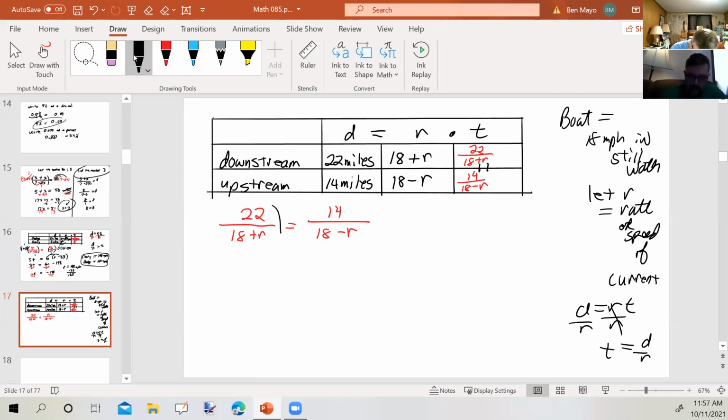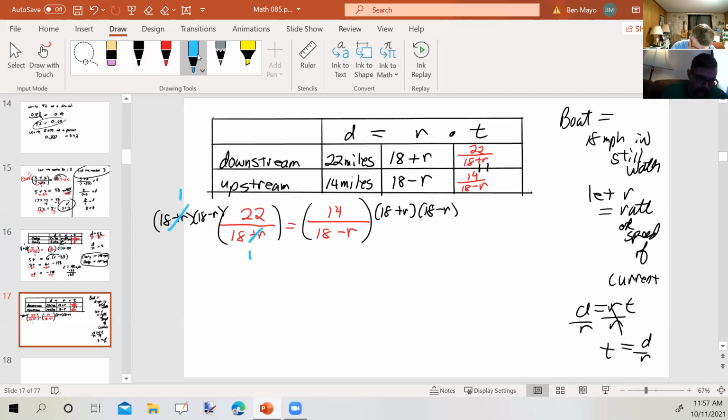Solving this equation, we'll multiply both sides by the LCD, which is 18 plus R times 18 minus R. On the left side, the 18 plus R is reduced to 1 over 1.